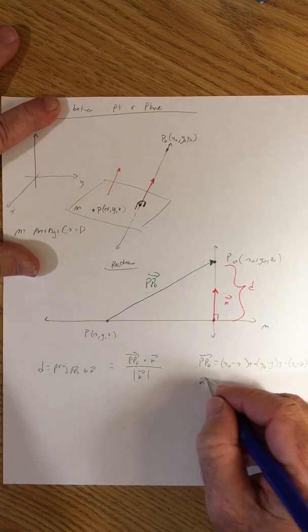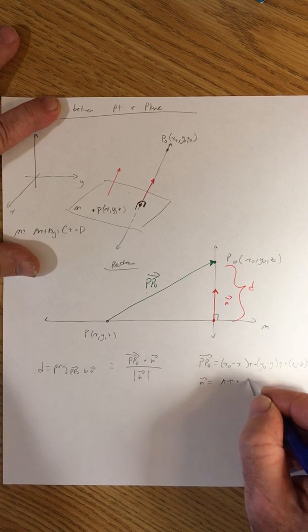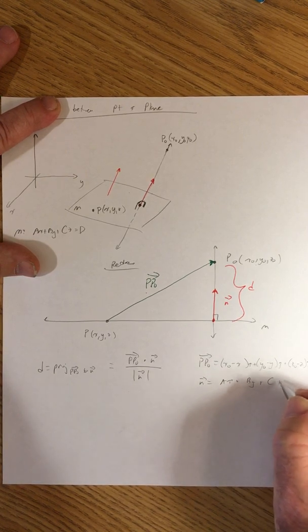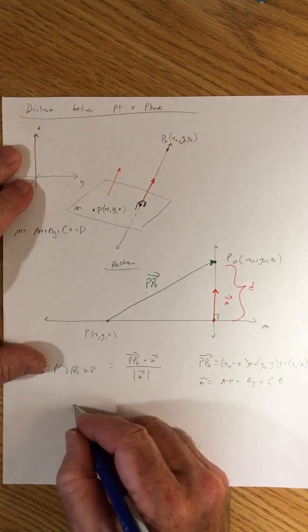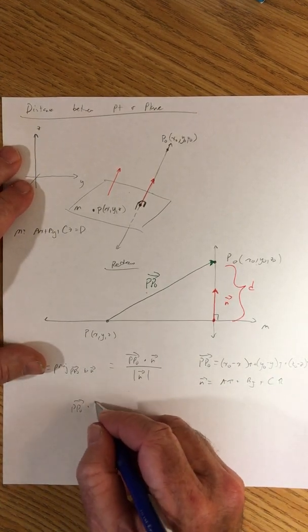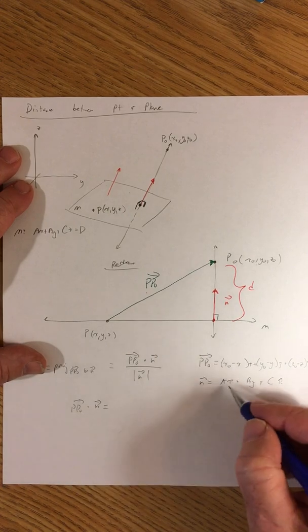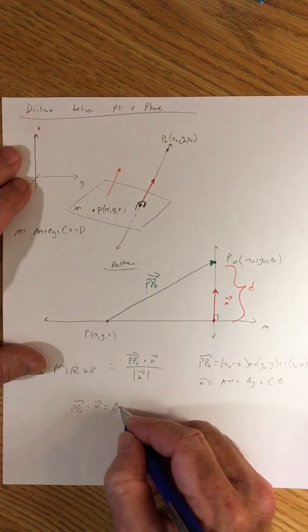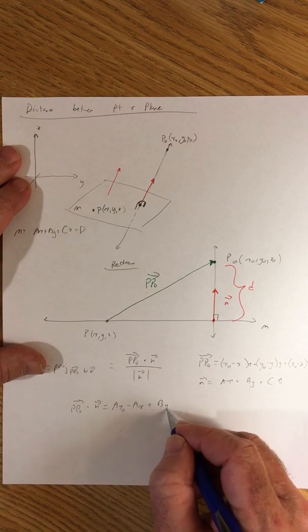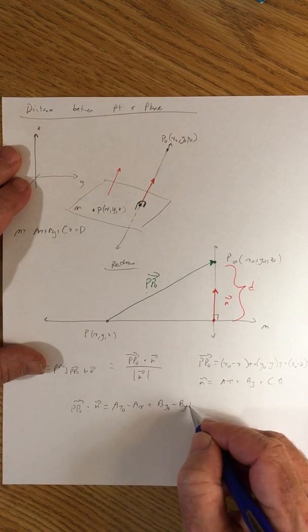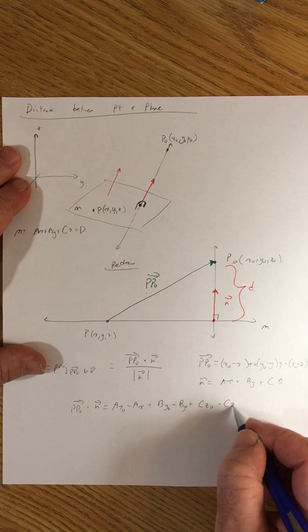Now n, of course, is ai, bj, ck. All right, so PP0 dot n is equal to, and I'm going to do a couple things at the same time, ax0 minus ax, by0 minus by, cz0 minus cz.